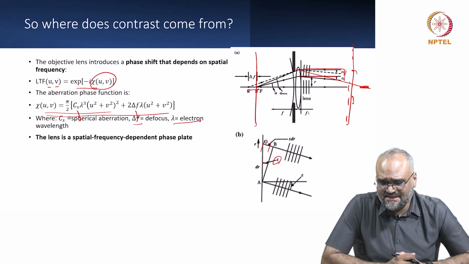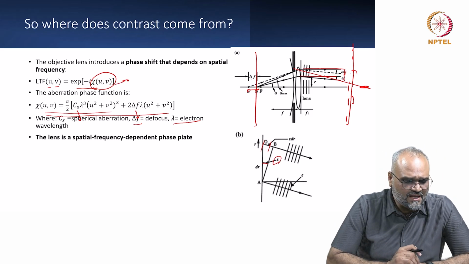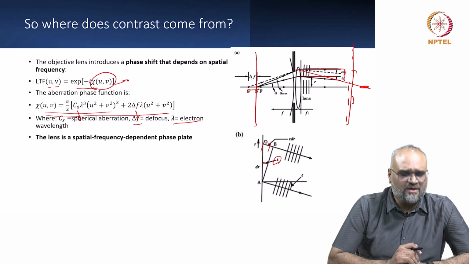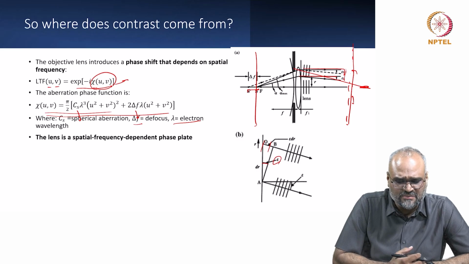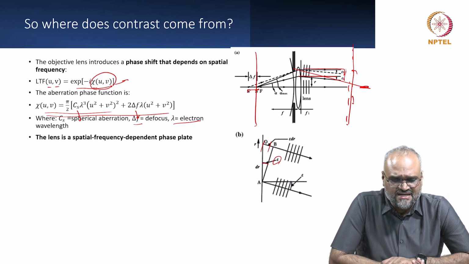And this idea of taking the lens transfer function as an exponential of the aberration phase function, which is also a complex number, introduces a term called the contrast transfer function.